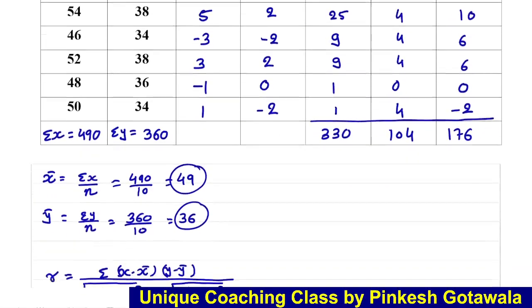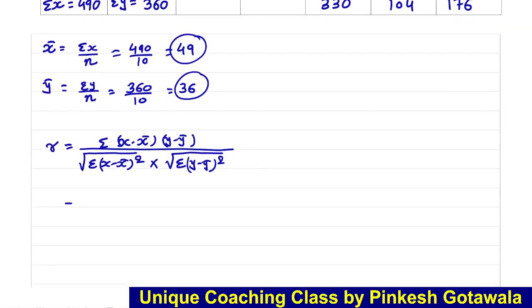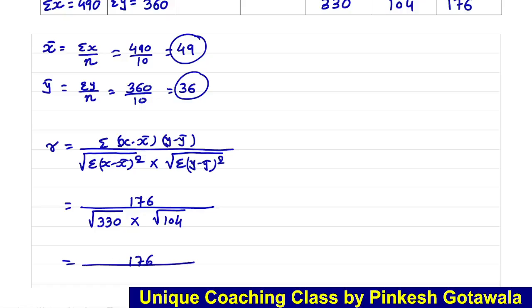Now let's find out correlation coefficient R. 176, 330, 104. Here you can do this another way also. How? Just multiply 330 into 104.